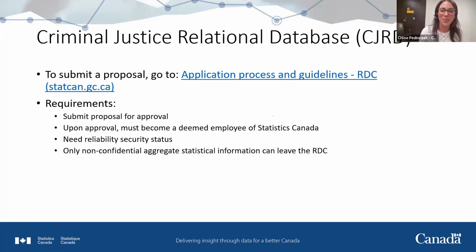So to submit a proposal, you can go to this link here. It has an application process and guidelines. We are currently working on some more detailed instructions for researchers, particularly those submitting proposals for the CJRD.